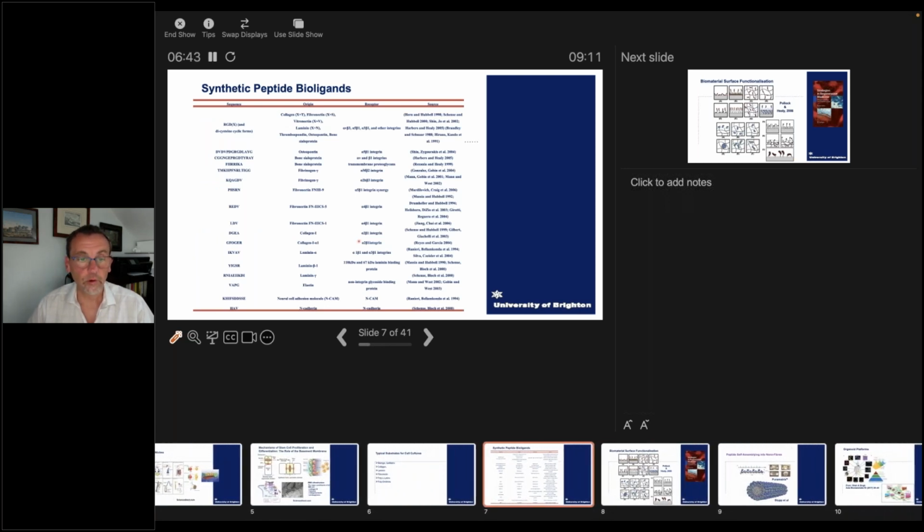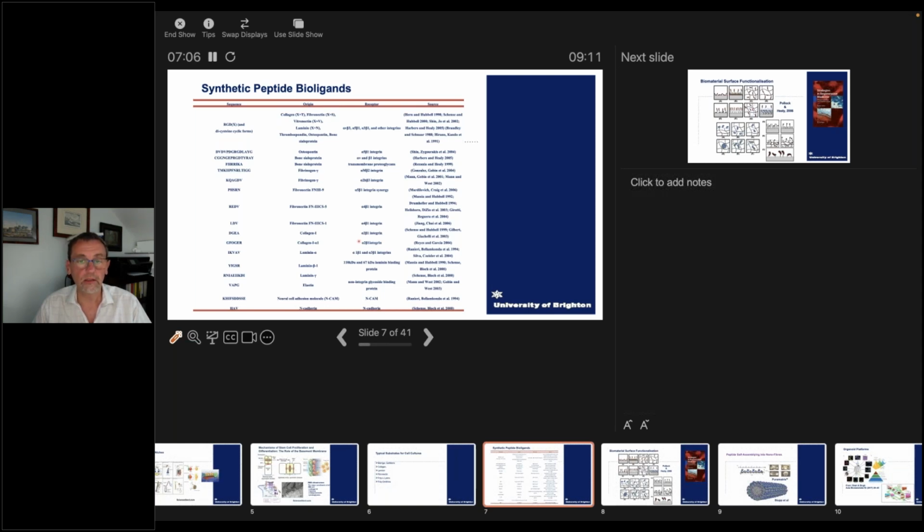If you look at the proteins that I've listed in the previous slides, as I said before, they all have some specific amino acid sequences that are recognized by cell receptors. I'm not going to go through this very busy slide, busy table.